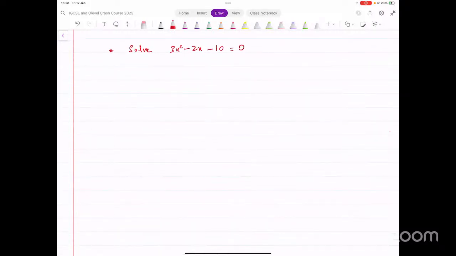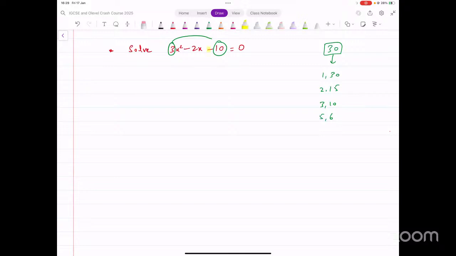How do I solve this equation? Let's think about it. Let's see if factorization can work. 3 times 10, what's that? That is 30. What are the different factors of 30 that we can try? We can try 1 and 30, okay, 2 and 15, 3 and 10, 4 doesn't work, 5 and 6, and that's it.